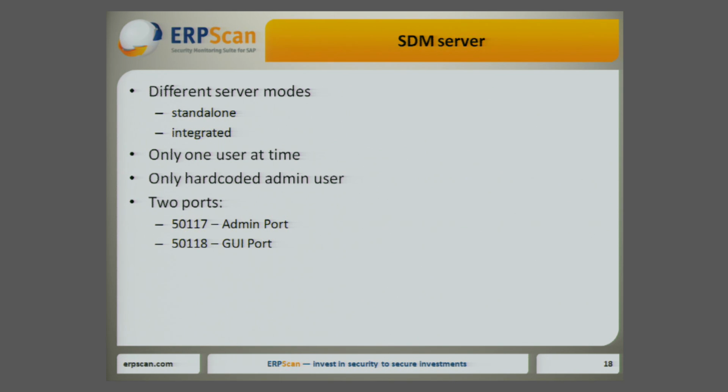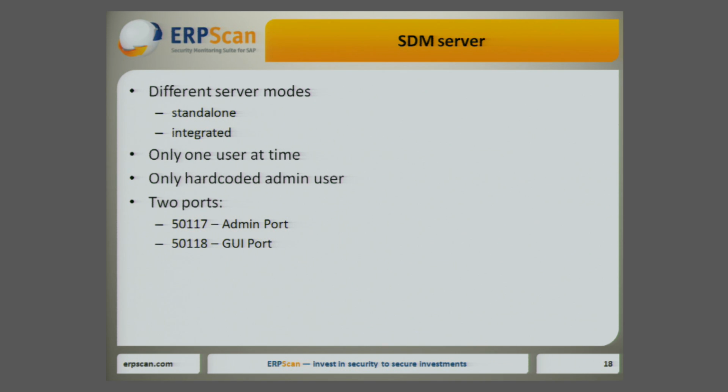There are two different server modes: standalone and integrated. In standalone mode, the server is started by a Java process and not by the Java control framework. In integrated mode, the server is started by the Java control framework, which means that it is started and stopped automatically with the J2EE engine.